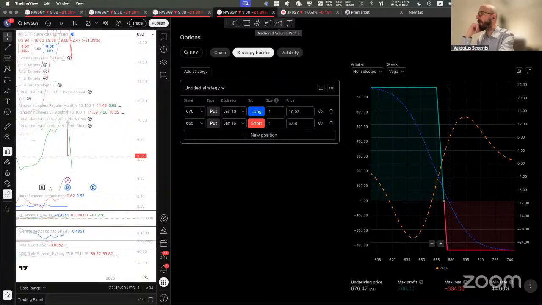So if I paid 334, half of that would be 170, let's say. And if that spread loses 170, so now it's trading at 170. I paid 340, now it's trading at 170. I would take my stop.